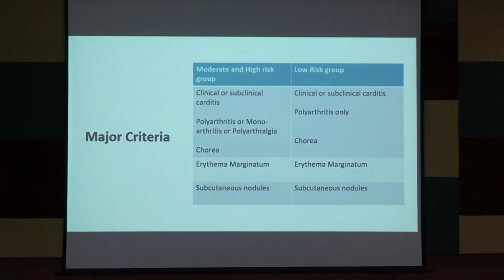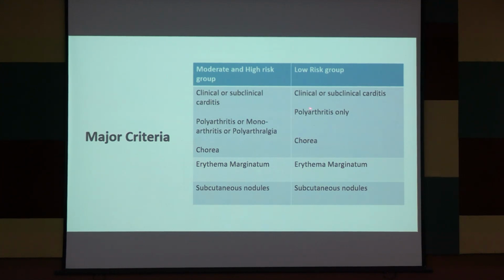Now, major criteria means main criteria. There are two criteria, major criteria and minor criteria, along with some evidence of streptococcal infection. These are the three things we will have to observe: major, minor, and evidence of recent streptococcal infection. So let us go to this.